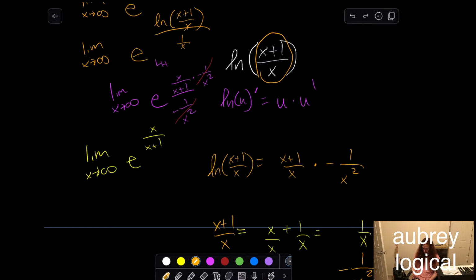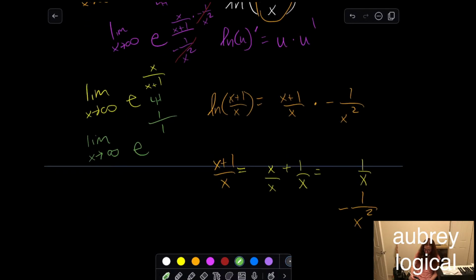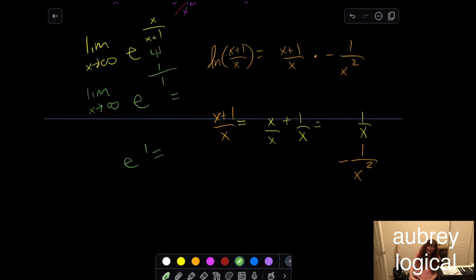Okay, well, I guess that means we have to do the L'Hopital again. Fantastic. Lots and lots of solving. So, taking the derivative again, we have e to the 1 over 1, which becomes e to the 1, which becomes e.